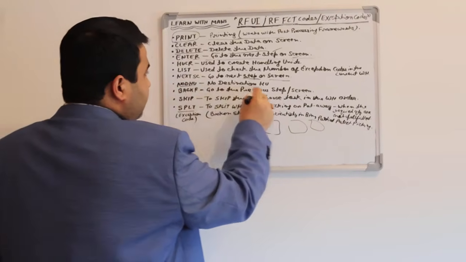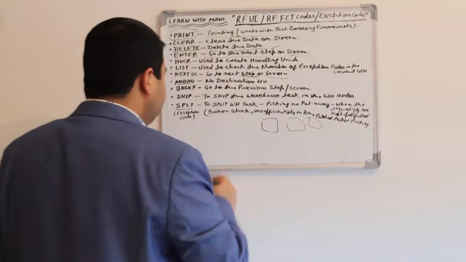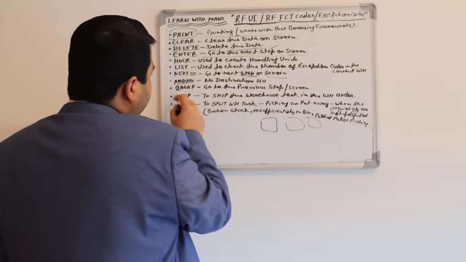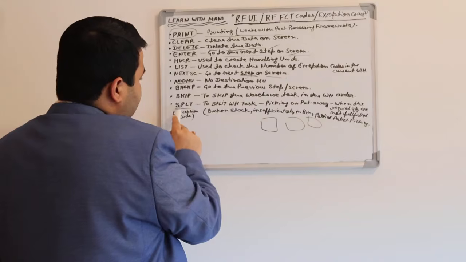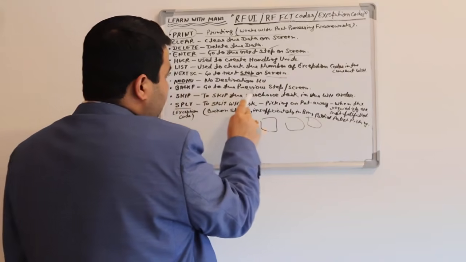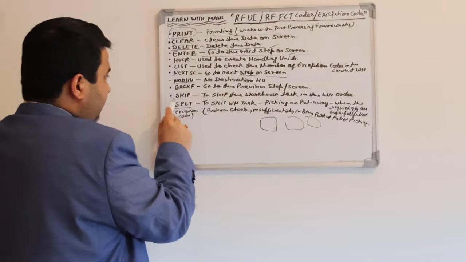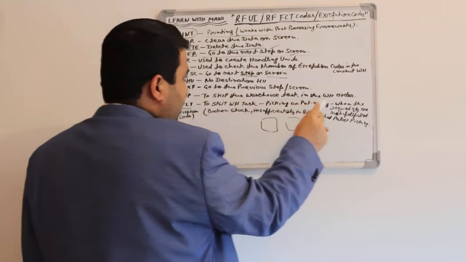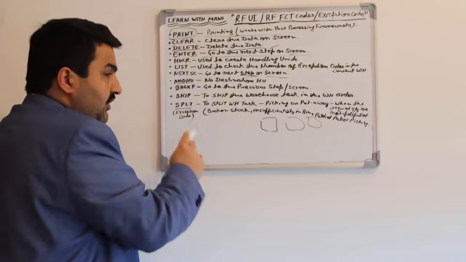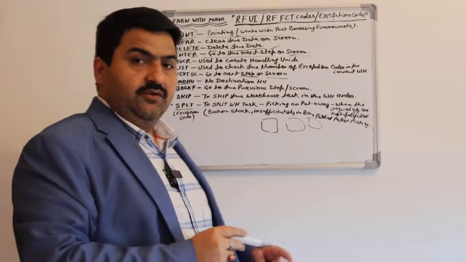NODHU, Node Destination Handling Unit, is, for example, an exception code, or some kind of FCT code. BACKF goes to the previous step or screen. SKIP skips the warehouse task in the warehouse orders. SPLT is an exception code to split the warehouse task.